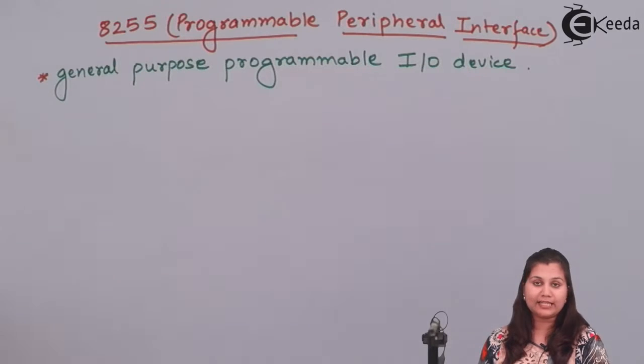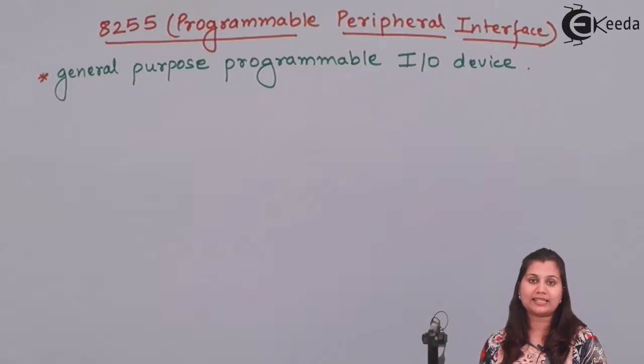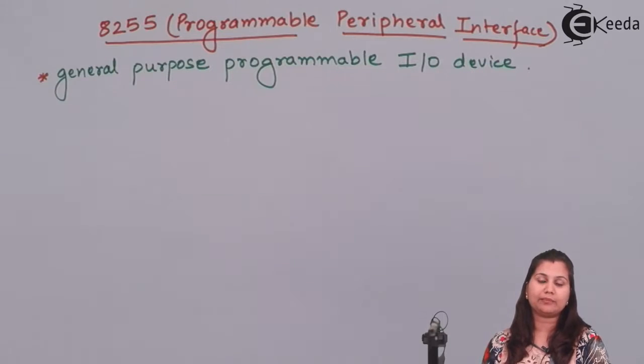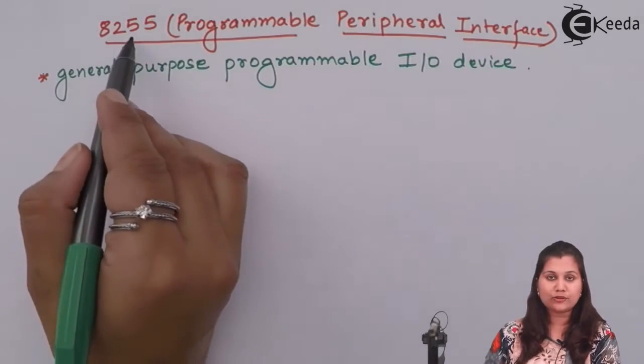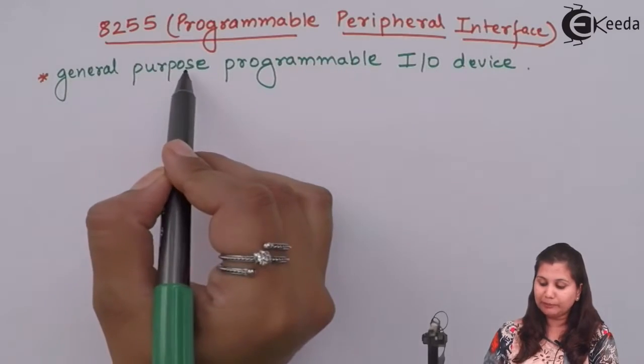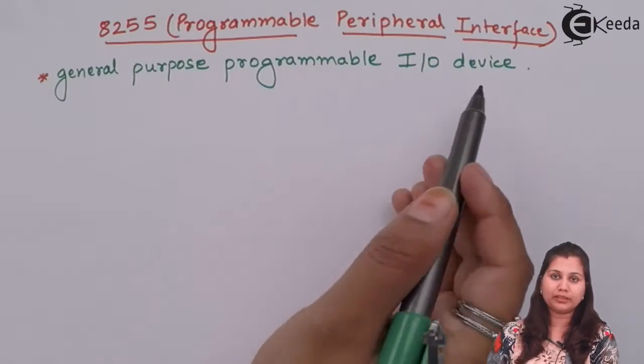Okay, so this 8255 is a programmable input output device, and this device can act as an interface between the microprocessors and the other devices. Okay, so we say this 8255 is a general purpose programmable input output device.